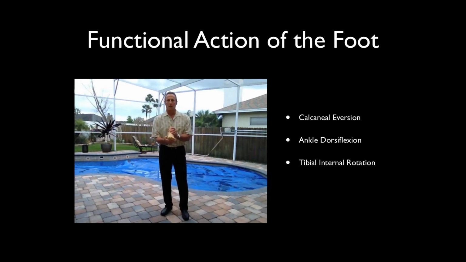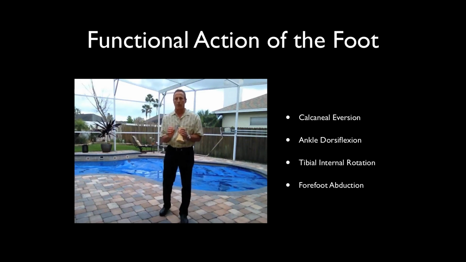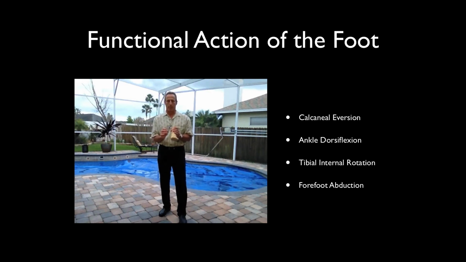Now here's the last concept, and that's forefoot abduction. If you recall, when we look at movement away from the spine, we look at the distal bone in relation to the proximal bone. In other words, we see that the long bones, the tarsals, and the phalanges are going to go into abduction, or lateral to the calcaneus. But there is no real motion, such as the arm right now going into abduction.